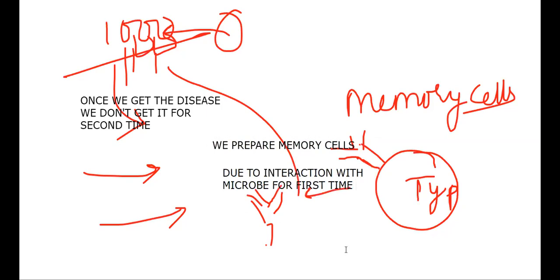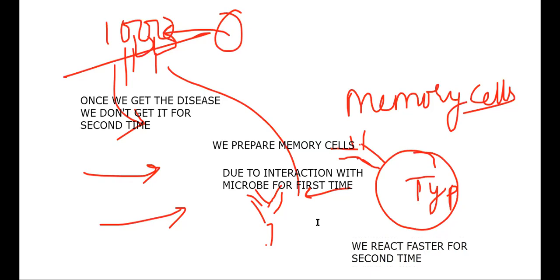So we react faster the second time, because we already have the information of that particular microbe. That's why we used to say that we don't get it for a second time.